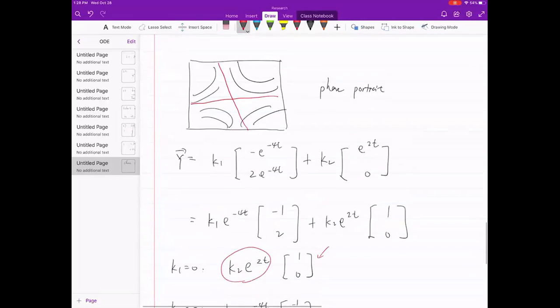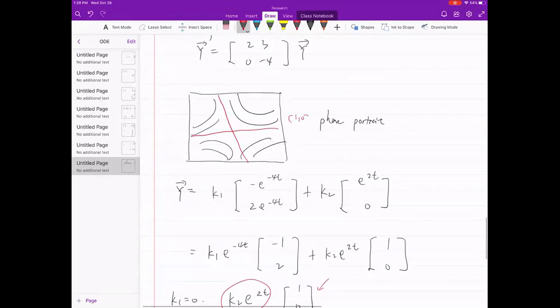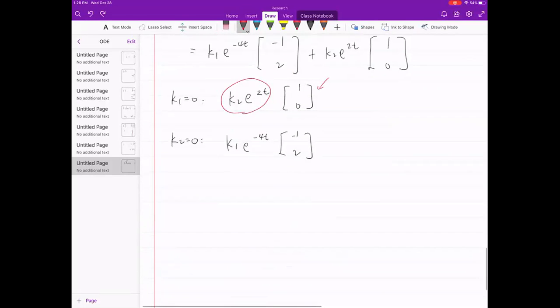So no surprise, one of the lines is in the direction of 1, 0. That's this line. And no surprise, the other line is the line in the direction of this vector here, -1, 2. Because when you change t, you basically change a constant times a vector. That's why it works. Make sense so far?